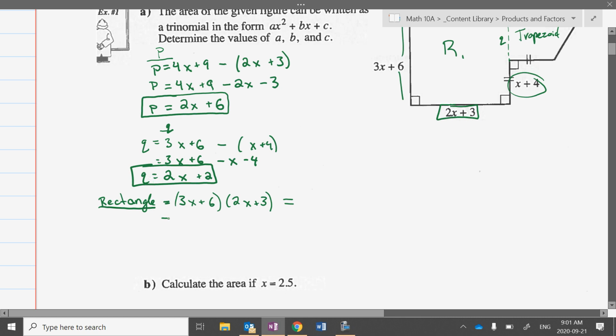Let's actually do this here. This step is our basic FOIL. So 3x times 2x gives me 6x squared. That's first. Outer is 3x times positive 3, so I get 9x. Inner gives us 12x. And then last is 18. So that's the area of my rectangle.